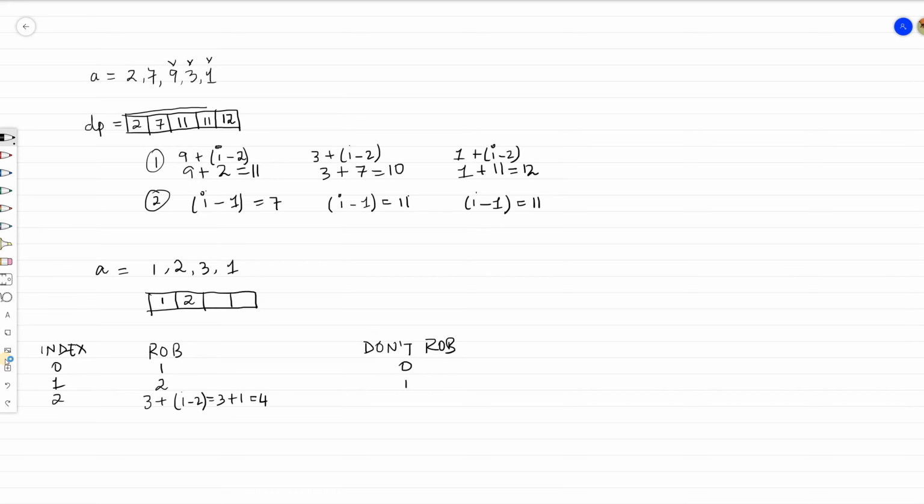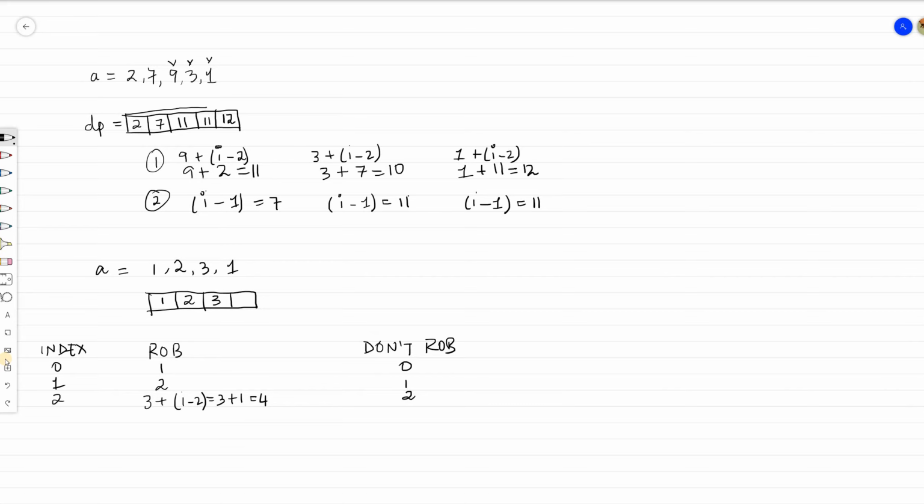If I rob this house, I can make 3 from this house and 1 from the best of the earlier house. And if I don't rob it, what I can make is i minus 1, so I look at the previous. If I'm not robbing this, this is the best I can get till here, so my answer would be 2. So I would prefer to rob this house.